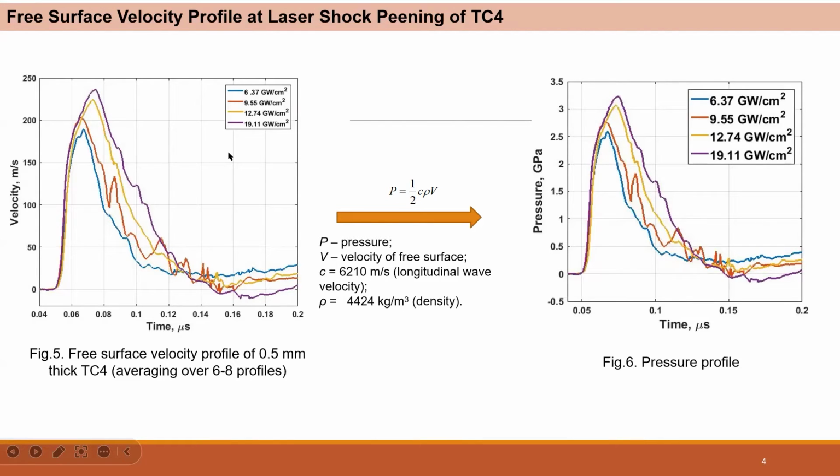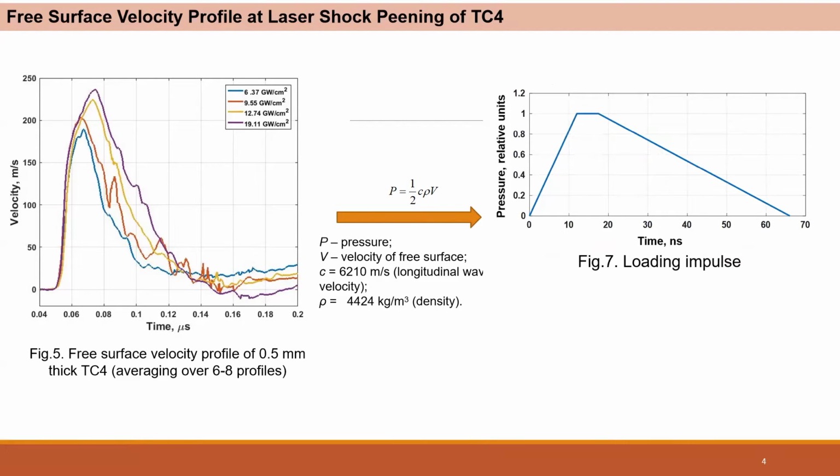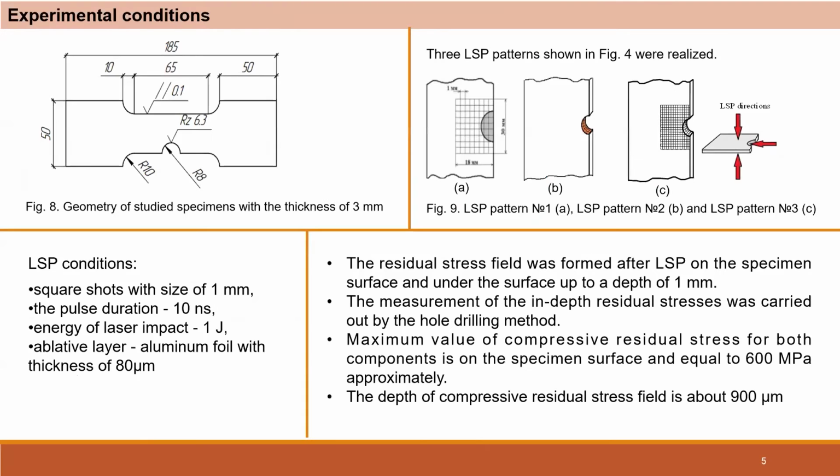We receive pressure, so we can estimate how much time pressure is increased to the peak, and how much time pressure decreases. So we can estimate the duration of the pressure pulse. And as we established, it depends on materials and different spot size.